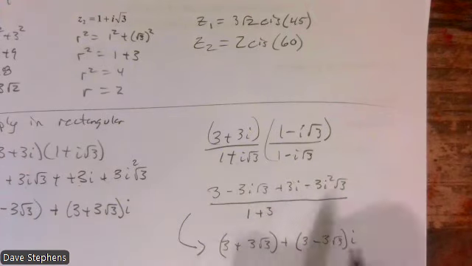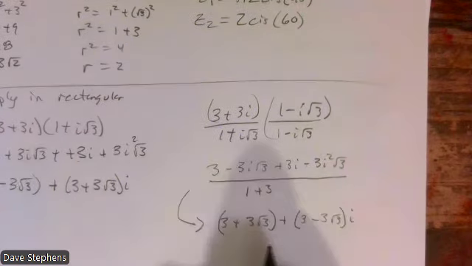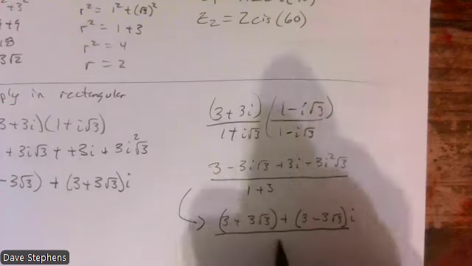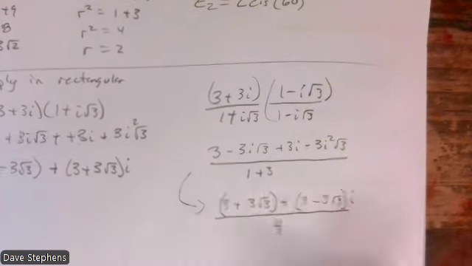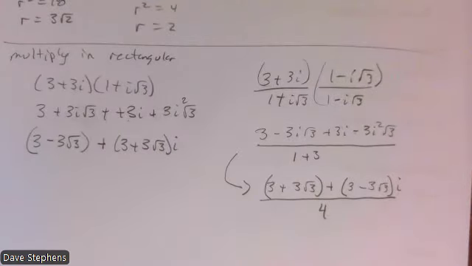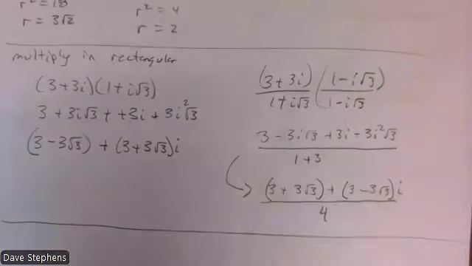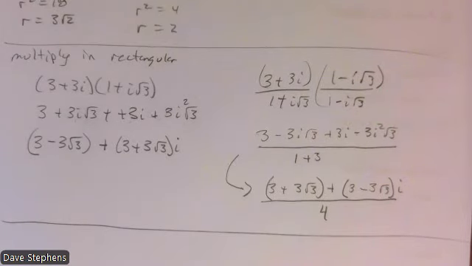And now I know you guys are like freaking out. Oh my gosh, I'll never be able to. Don't worry. I'm not going to put anything that hectic on a quiz or a test. And why they want us to do this in rectangular form, I don't know, but that's what they asked us to do. So there we are. And now let's multiply and divide in polar form.